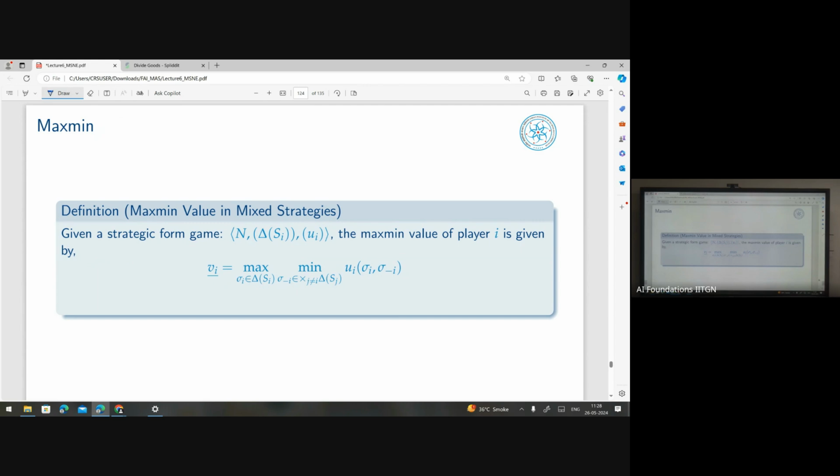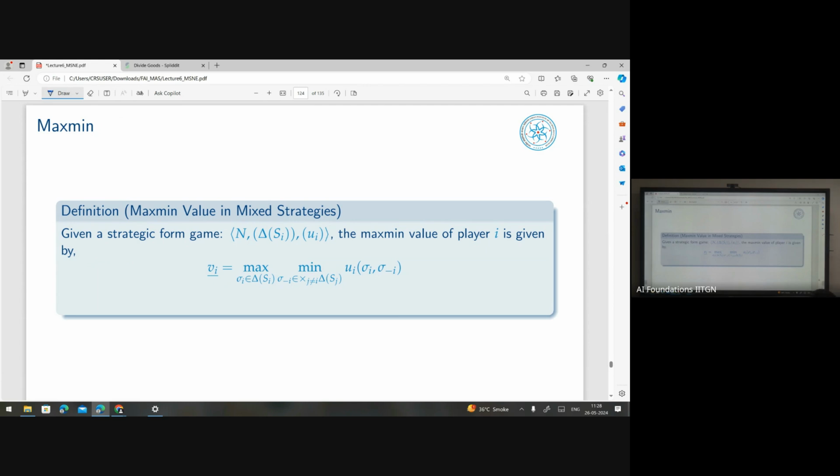So what is max-min? The max-min value was nothing but my security value. It's the minimum value that I could guarantee no matter what the other agent is playing. So we can define a max-min value and a max-min mixed strategy. Given a strategic form game, this is my mixed strategic form game.